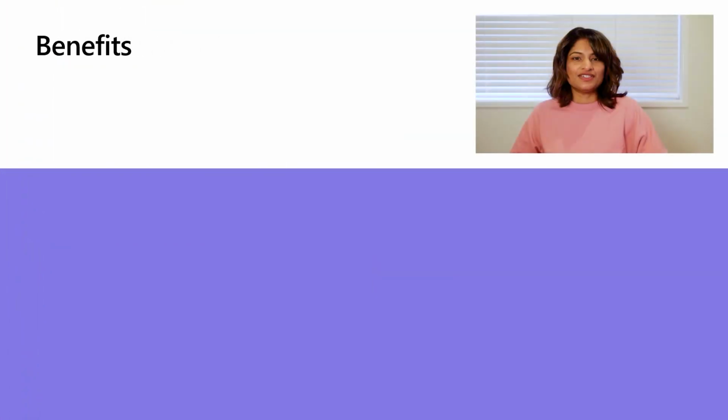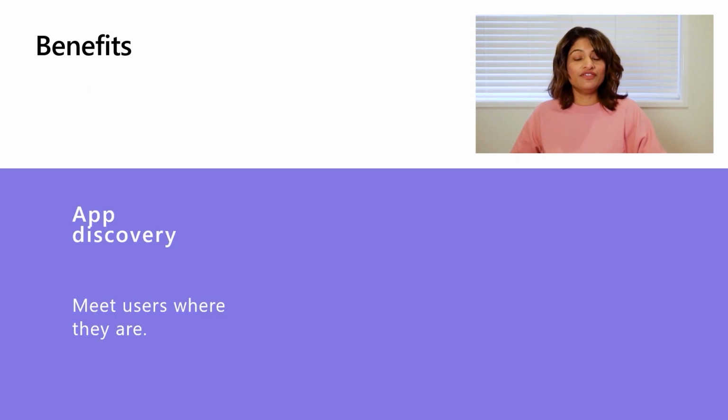So let's get started. All right, before we begin on how to extend your applications, let's look at the benefits of why you're doing this. To see if an app is successful, a developer needs to check if users are aware of their apps. Discoverability of apps is something that is frequently overlooked, but it holds significant importance.